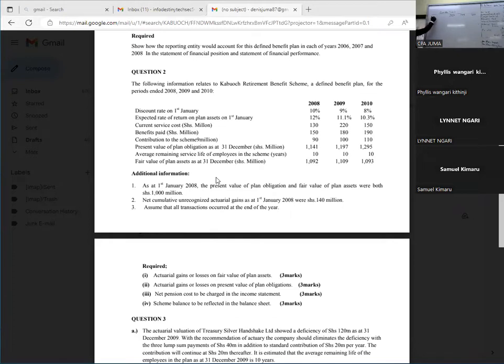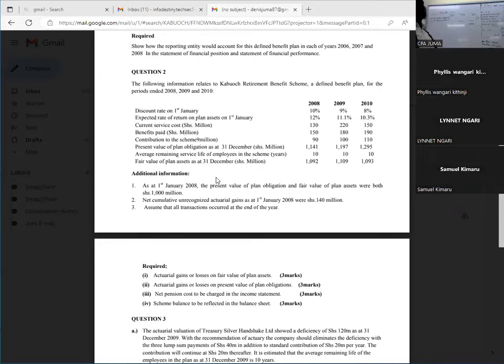Take 10% of the fair value of plan assets brought down. We will pick whichever is higher for each year.